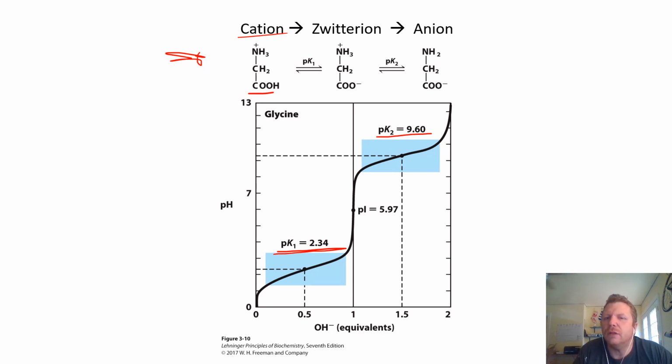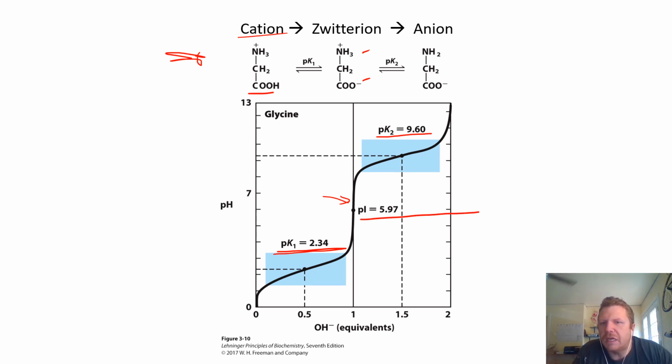Between those two, you have the molecule with an overall 0 charge. This is the zwitterionic form of glycine, where a positive charge and a negative charge cancel one another out.